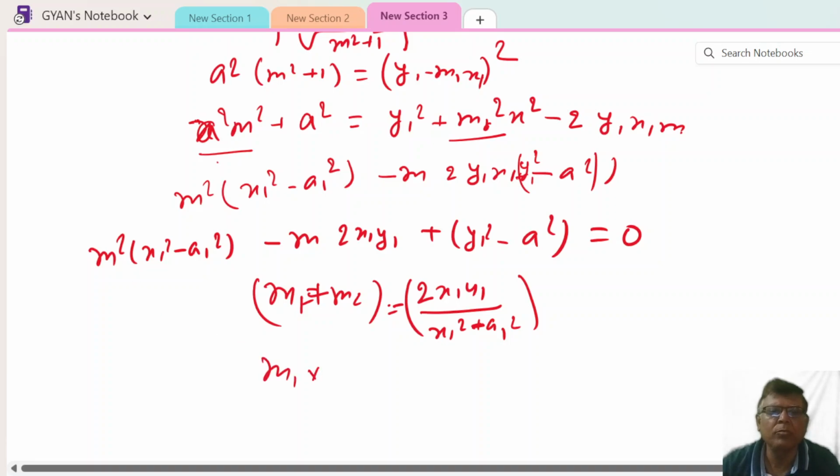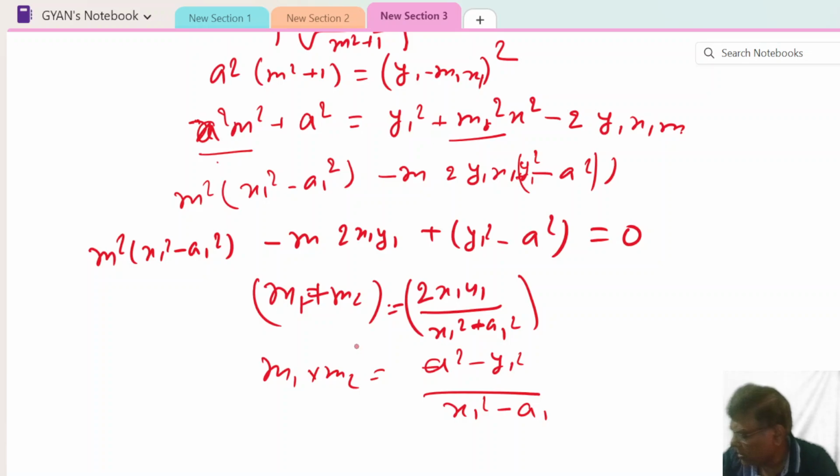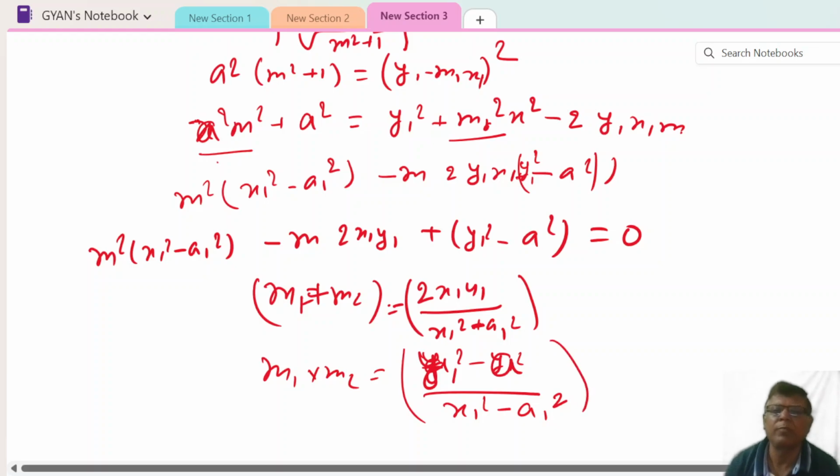And m1 into m2 is c by a, that is y1 square minus a square divided by x1 square minus a square. Correct. So this is the very important formula.